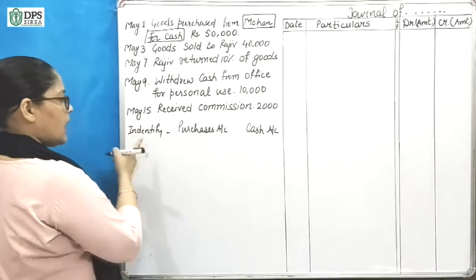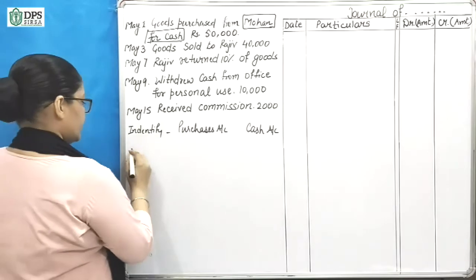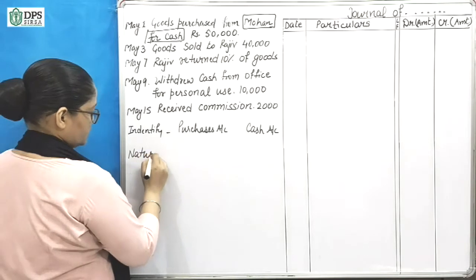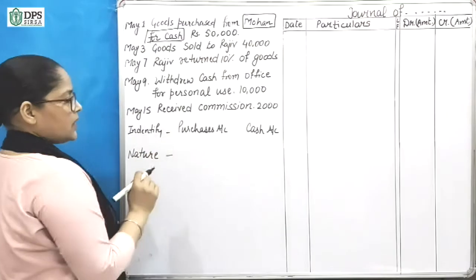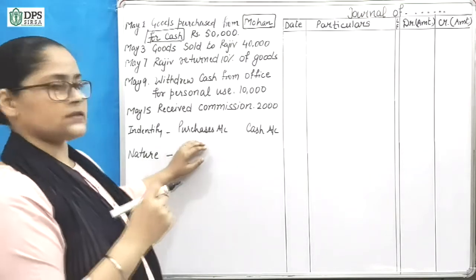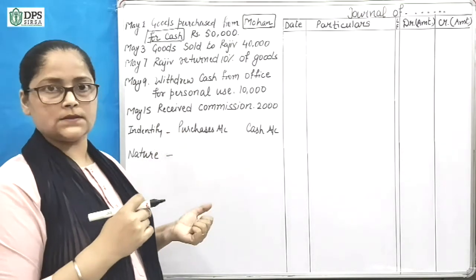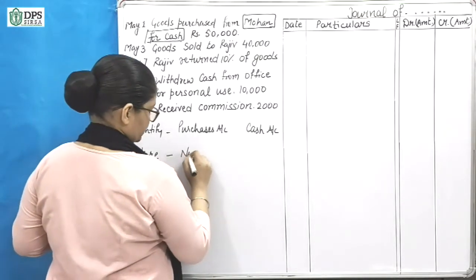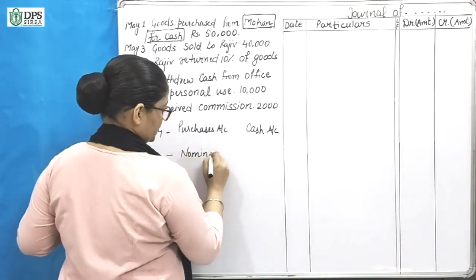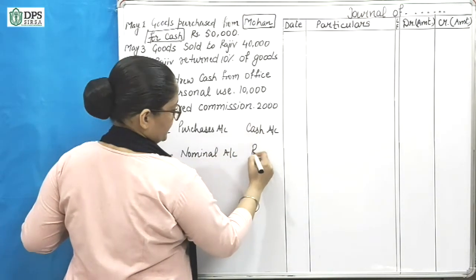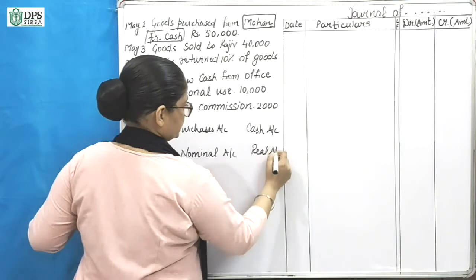Next, after identification, we will see the nature of the account. We are doing purchases, that means we are incurring expenses, and expenses belong to nominal account. So this is nominal account, and cash is real account because it is an asset.